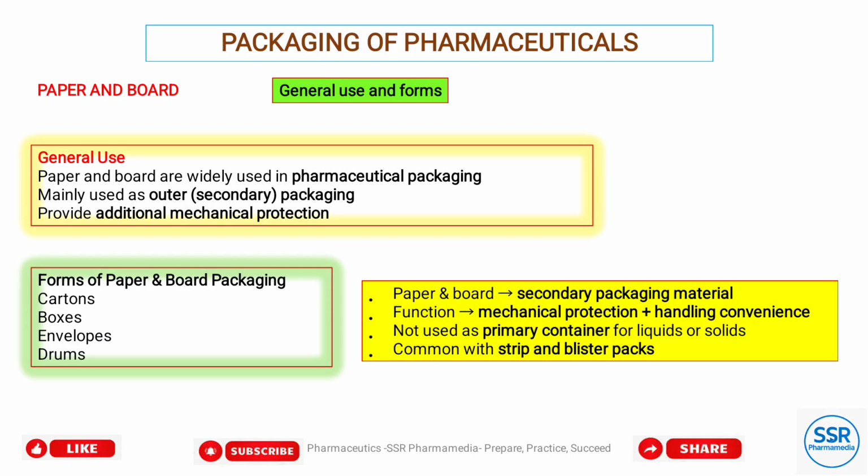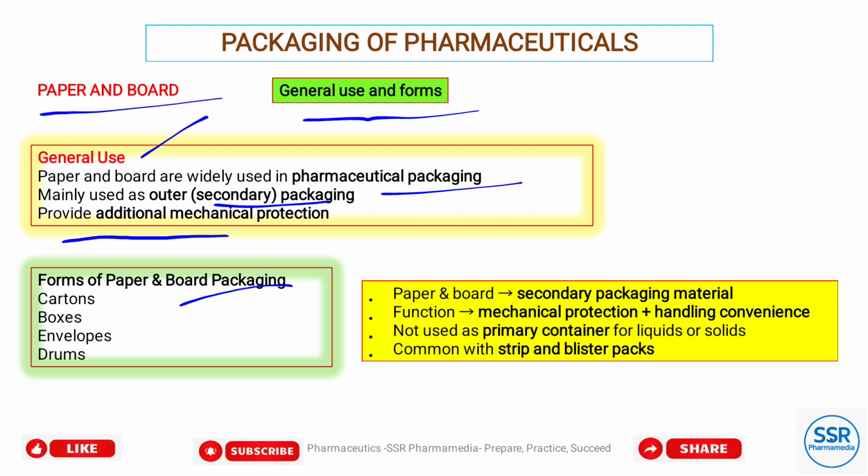So next is paper and boards. Generally it is used for general use and forms. Papers and boards are widely used in pharmaceutical packaging. It is used as a secondary packing material, providing additional mechanical protection.